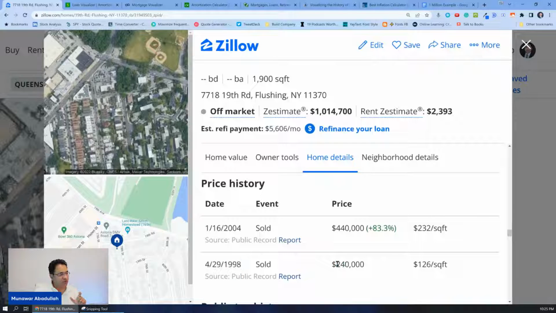So if you look at these 24 years, this was a 240,000 US dollar home. Right now it's selling for 1 million US dollars. And you can see that this has been 4x so far, right? So it went to almost a 400% increase. And that's something I wanted to show you.